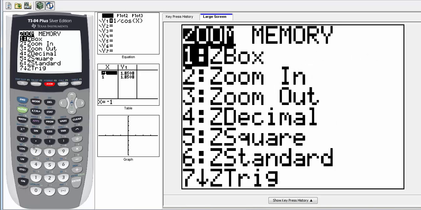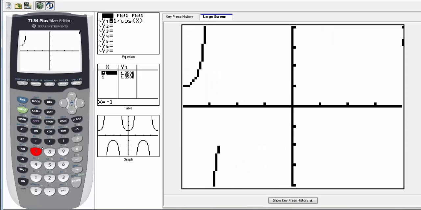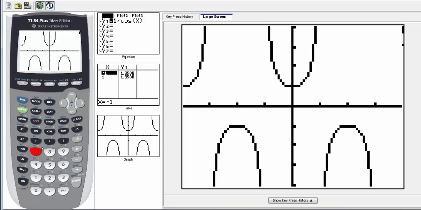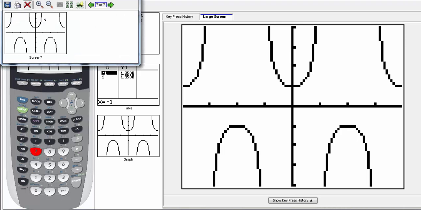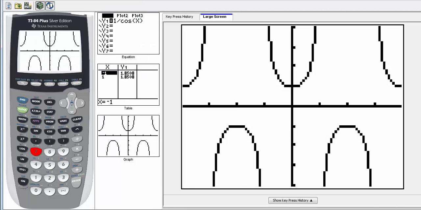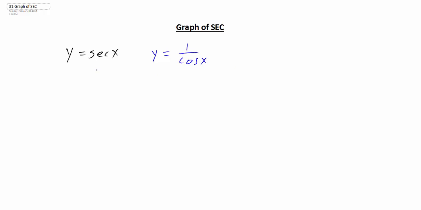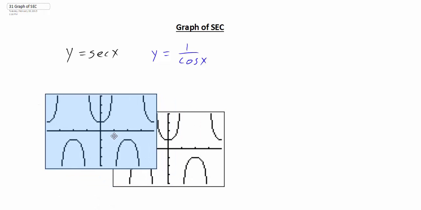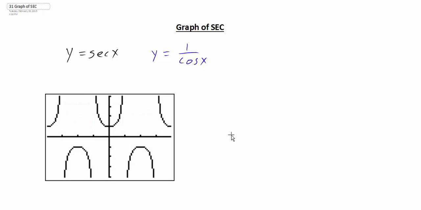So if I go to zoom 7, that's zoom trig, and here we will have the graph of our secant. This is the graph of our secant function.